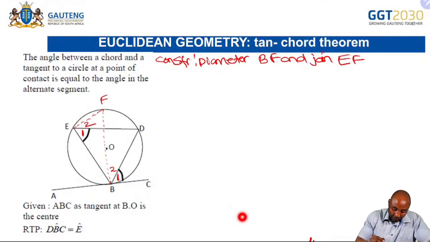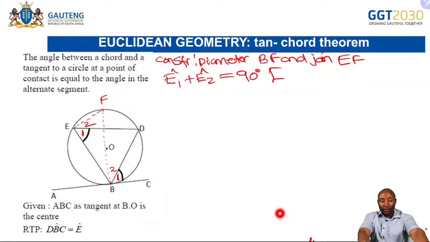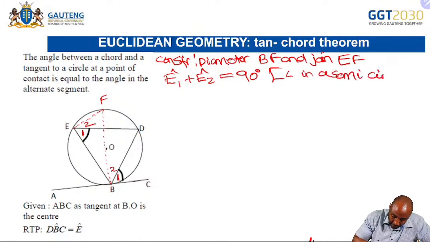Now, I will start by saying my E1 plus E2, this will give me 90 degrees. Again, there are so many versions to prove this theorem. 90 degrees because this is an angle in a semicircle.